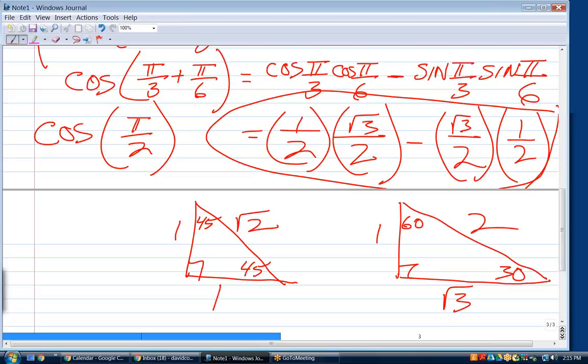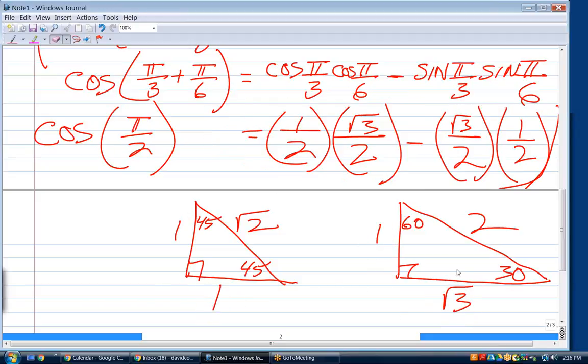You want to get to a point where you know exactly that tangent of 45 degrees is that over that, or tangent of 30 is that over that, or cotangent is the reverse, this over that. Makes trig a whole lot easier if you can get to that point.